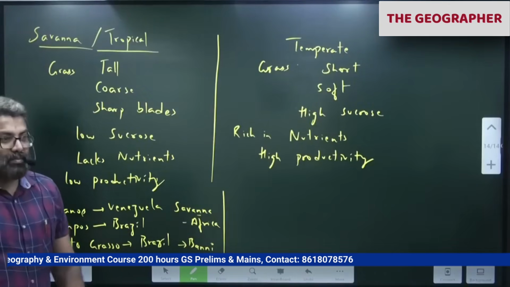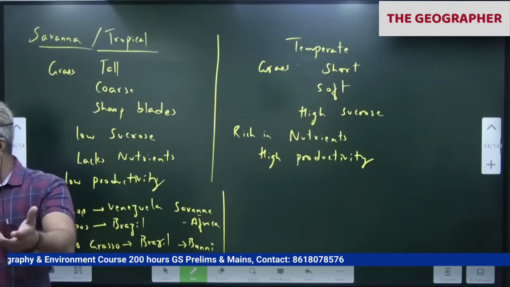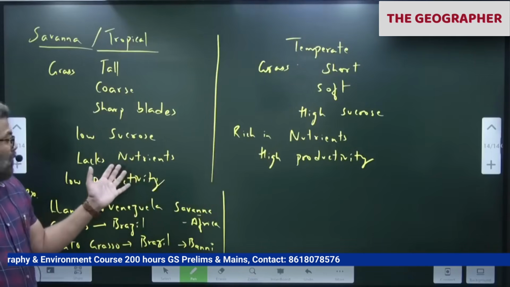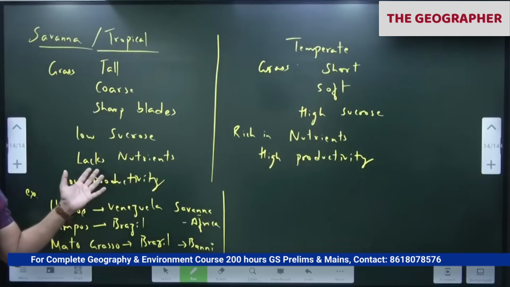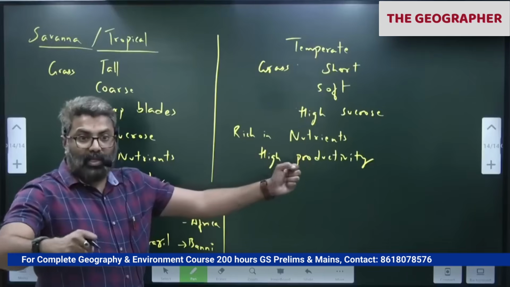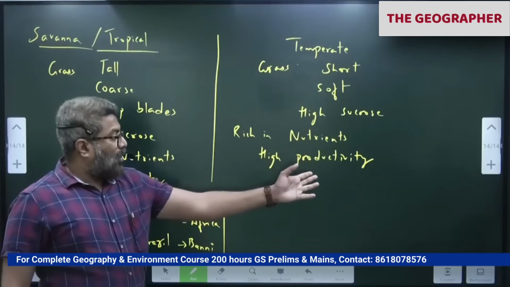Correct, they look weak. Obviously you can't get work out of them, right? Milk, meat, leather yield is also like that. So obviously productivity will be low because they don't get much nutrients. Whereas the ones in Europe, North America, in the steppe region, they look bulky, more milk, leather, meat yield they produce. High productivity.